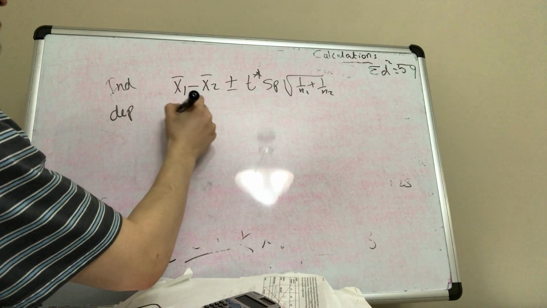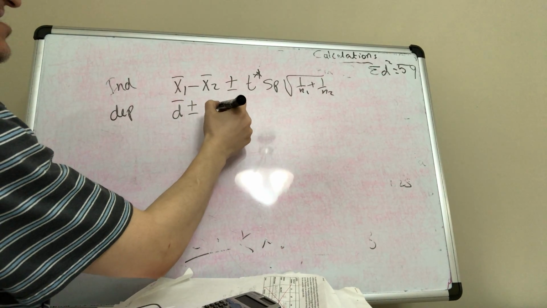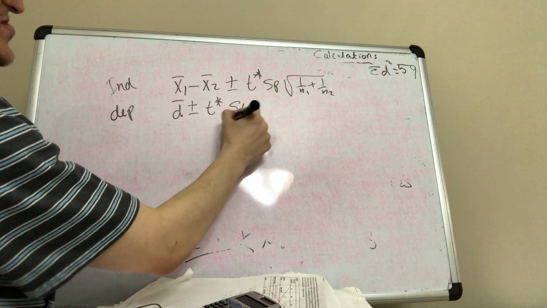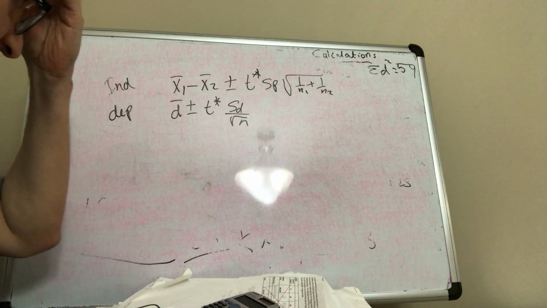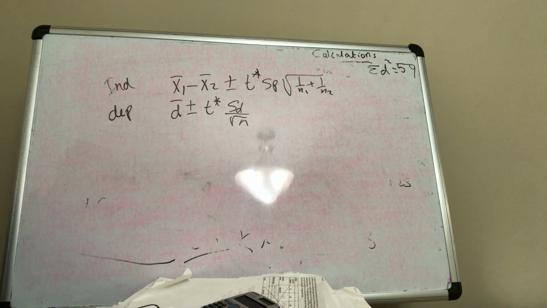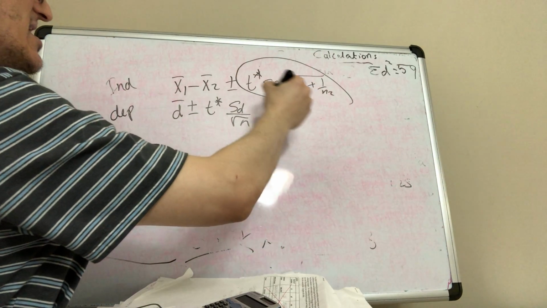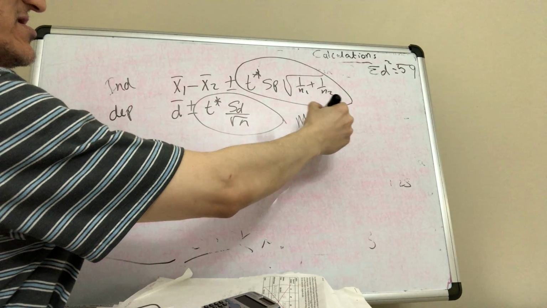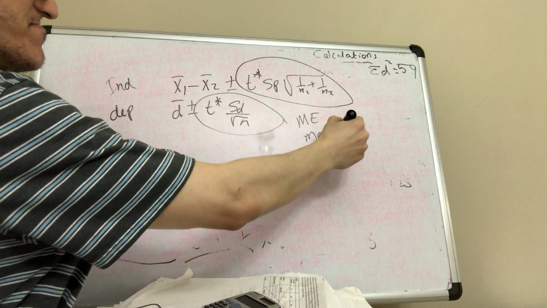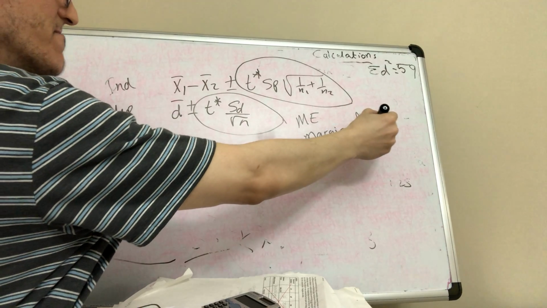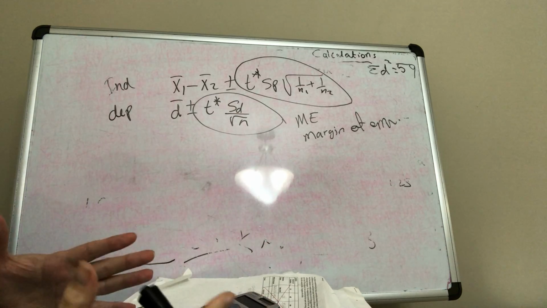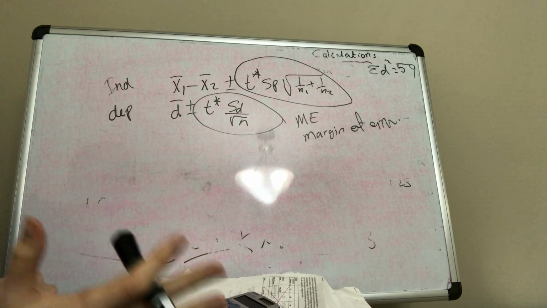And if it's dependent, it would be d bar plus or minus t star sd over square root of n. We did examples for both. And I said before that when we say margin of error, we mean what comes after the plus minus. This is your ME, margin of error. For any confidence interval, what comes after the plus minus is the margin of error.